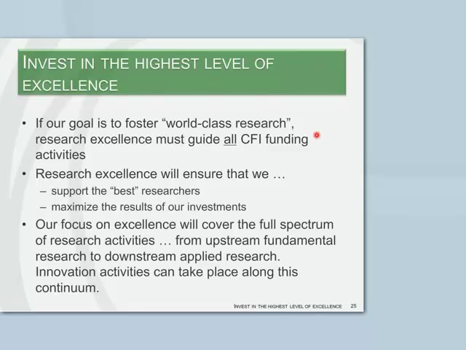And that's been the norm since the very beginning of CFI. Our focus has always been on identifying the best research projects, the ones that had the most potential, with a clear focus on excellence. So research excellence will ensure that, number one, we support the best researchers across the country, and that we maximize the results of our investments.